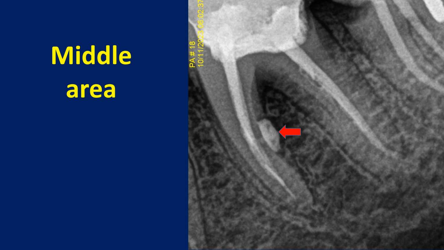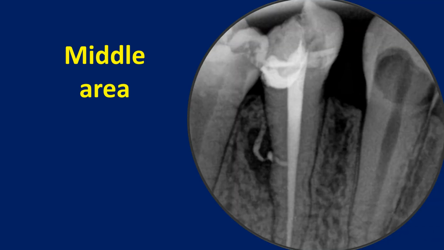The same here, and here it is associated with a bifurcation involvement. And the lesion is very, very clear here. So it is very important to treat these canals in order to heal such a lesion.